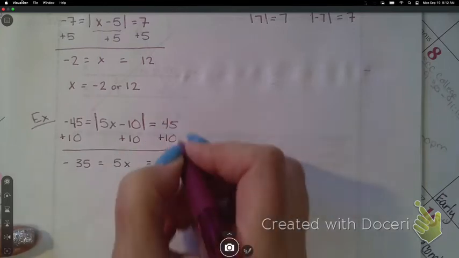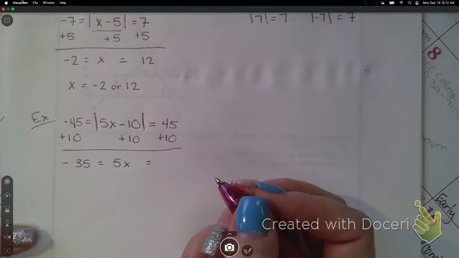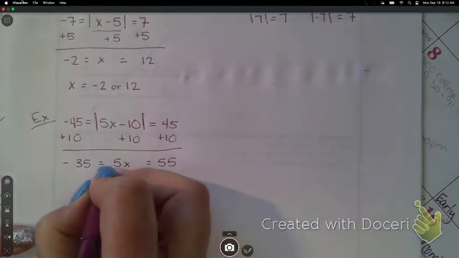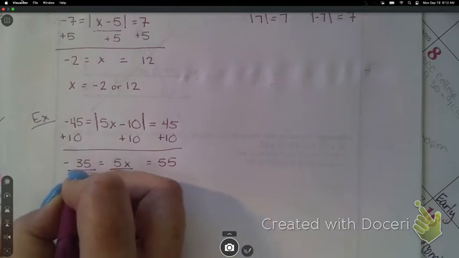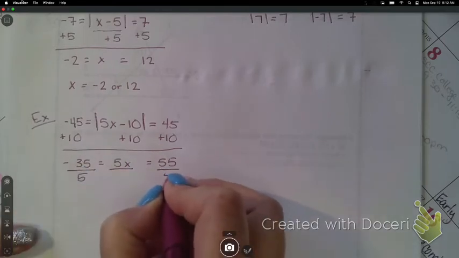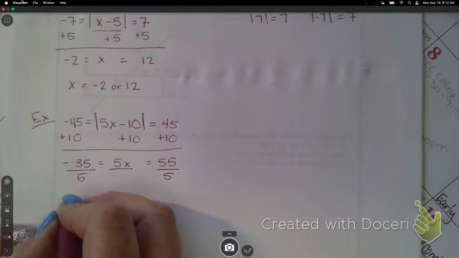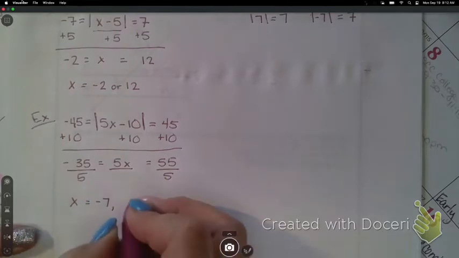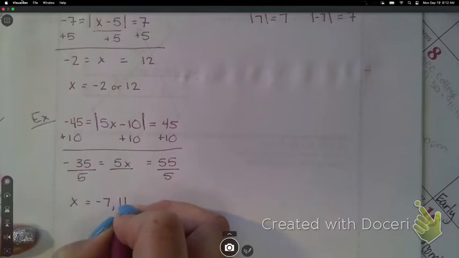Also 5x equals 55. Now divide everything by 5. So x is going to be negative 7 or 11.